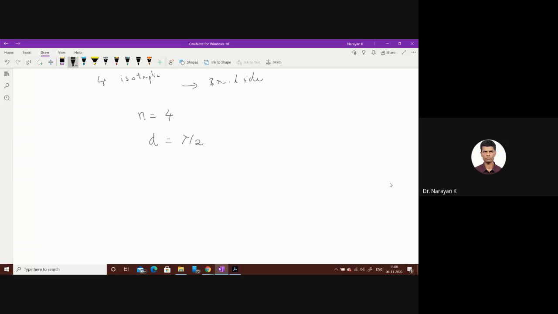Lambda by 2. What is the psi equation? Beta D cos phi plus alpha. Okay. What is the alpha value here? Read the question.